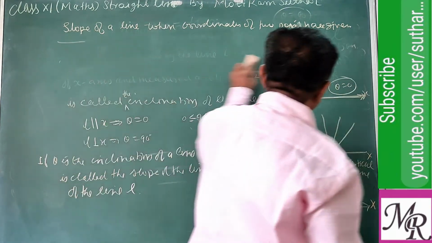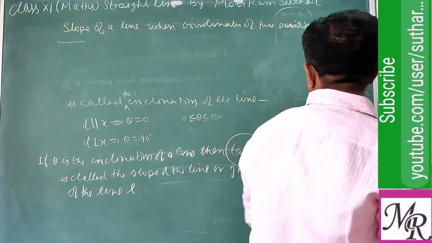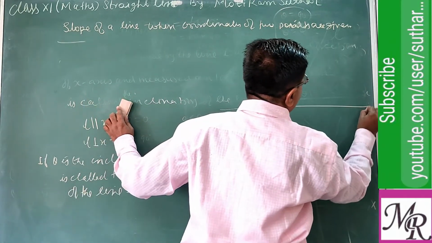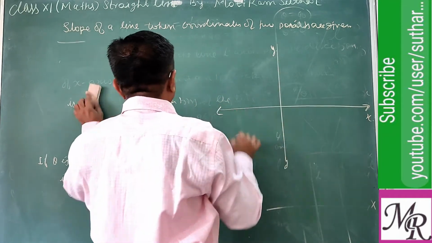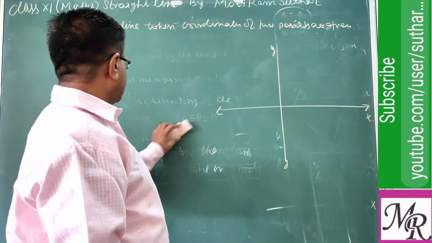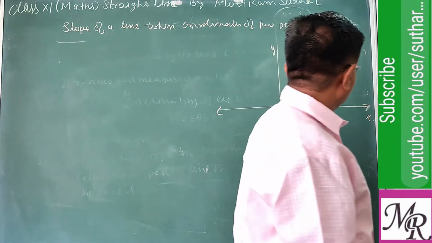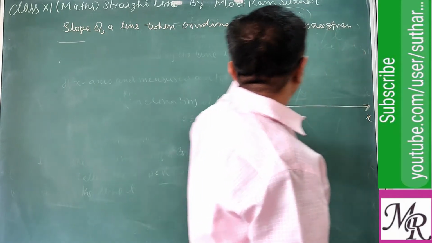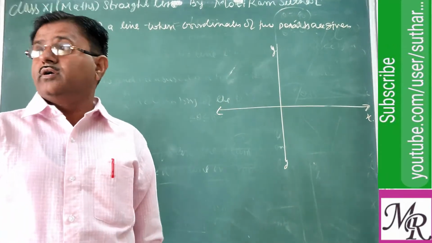How to find the slope of a line when we are given that the line is passing through 2 points, like this is x and this is y. In the previous definition we found the slope of a line when we are given theta. If the inclination with the x-axis, theta, is given, then we can find the slope m equal to tan theta.